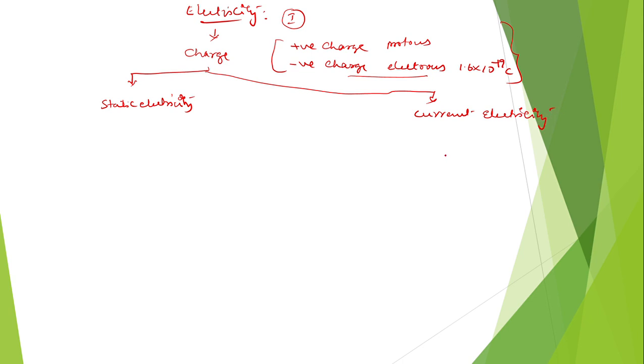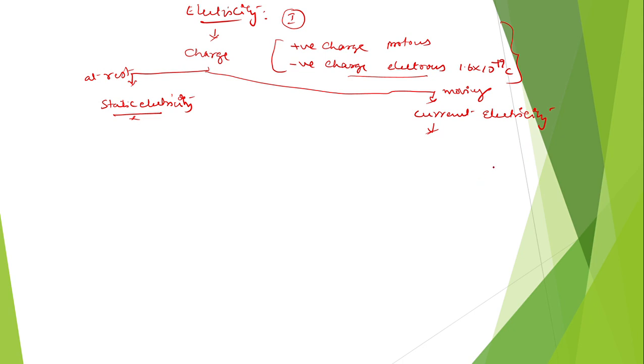If the charge is at rest, it is static electricity; if charges are moving, it is current electricity. We don't want static electricity, we want current electricity.